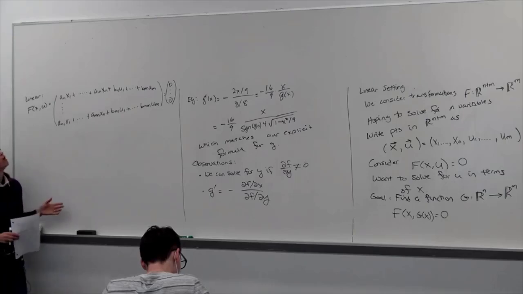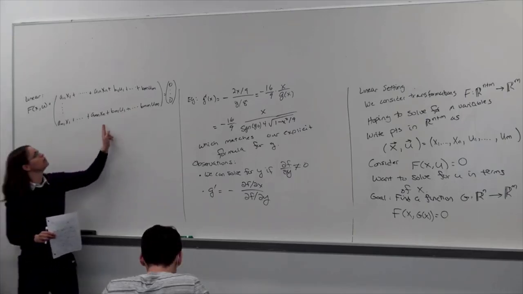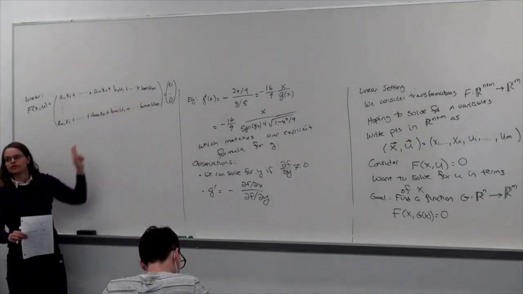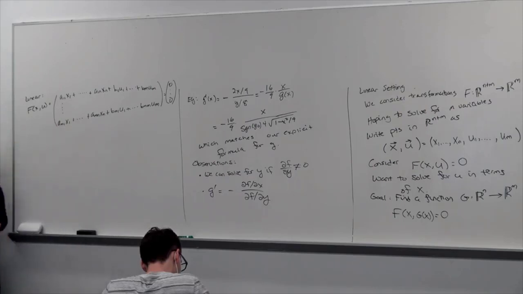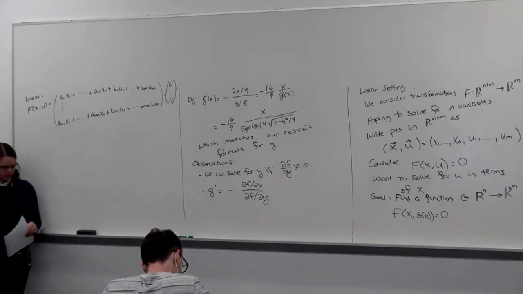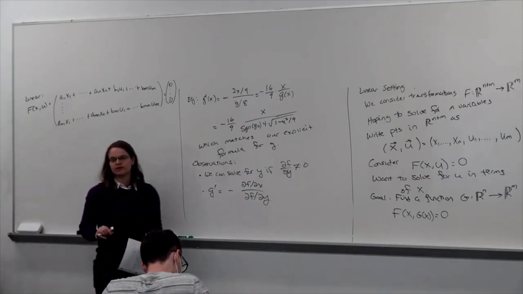And we want to know, in what cases can I solve for this collection of variables in terms of this collection of variables? So we're in a setting where we want to do some linear algebra.